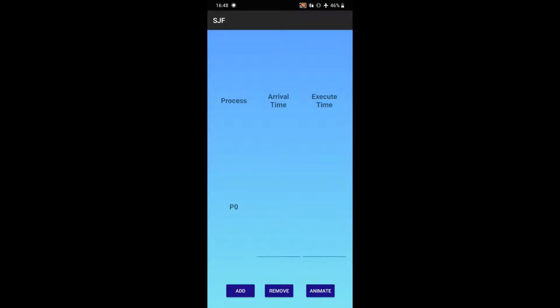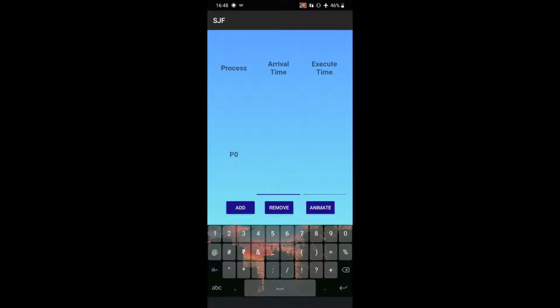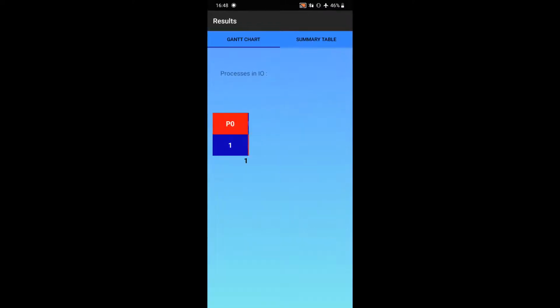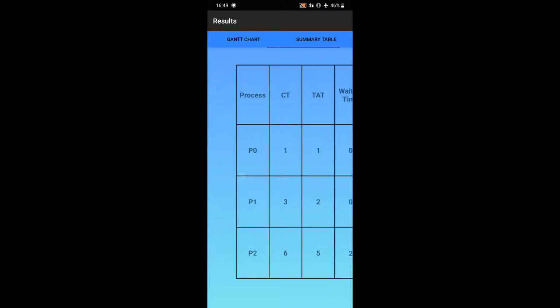Let us move on to SJF, shortest job first. You can see the shortest job between P1 and P2 was P1, so it was animated first.